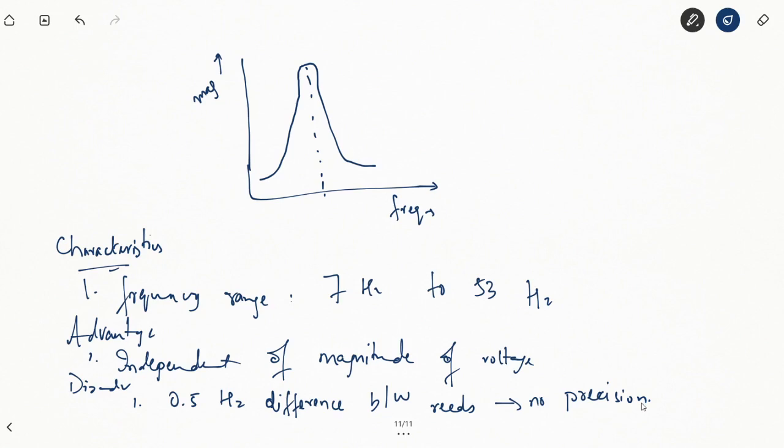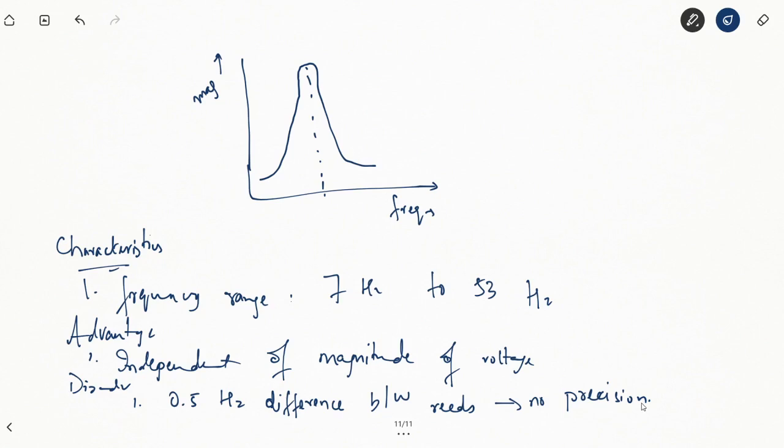The reeds are steel strips fixed at one end and free at the other end, so they oscillate. The reeds are placed such that the natural frequency of oscillation differs by 0.5 Hertz with every reed. So if the first reed is oscillating at 47 Hertz, another one will be oscillating at 47.5, then 48, and 48.5, and so on.